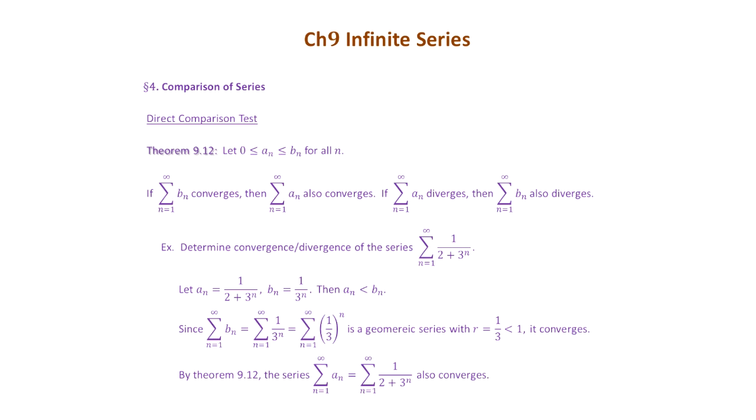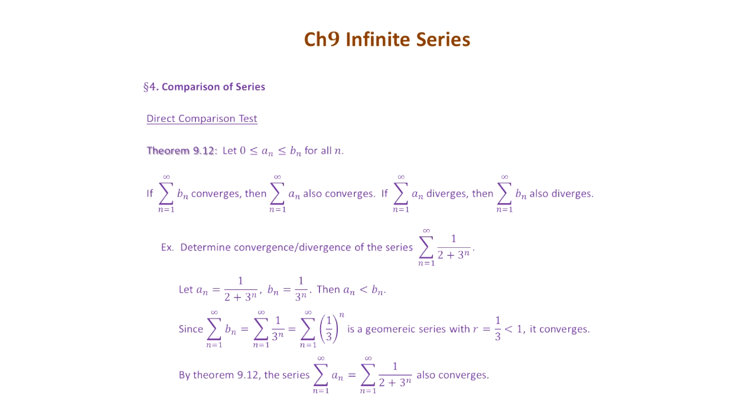And then conversely, if you know an diverges, the smaller series diverges, it blows up, the sum blows up. Then the larger series also diverges because it is even larger and they're both positive. Okay, that's important. So you take the direct comparison of these two series and see whether they are convergent or divergent based on the other series.